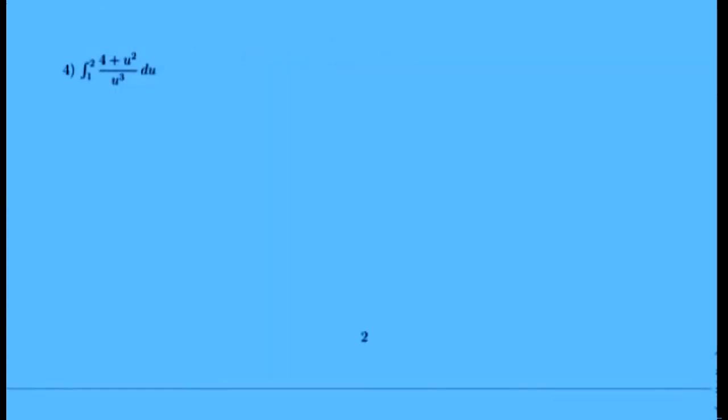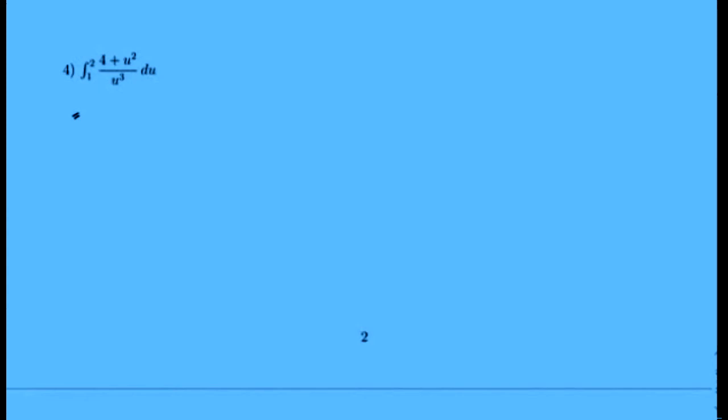One more, I have the integral from 1 to 2 of 4 plus u squared over u cubed du. Well, first we have to get it into an integral-friendly form, so we can anti-differentiate term by term.